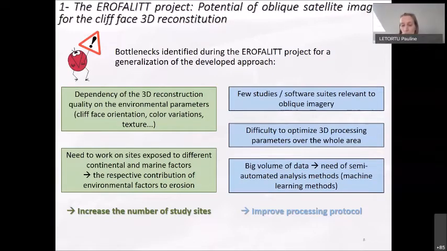In addition, the big volume of data implies the development of semi-automated analysis methods, such as machine learning, but here again, these methods need to be adapted to oblique images, non-orthorectified and non-georeferenced images.